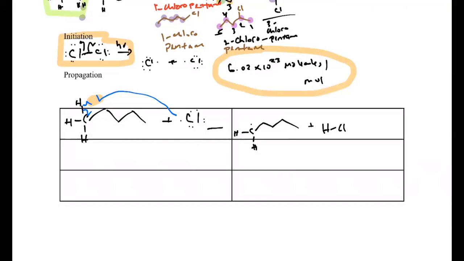All right, and then in the second propagation step, I'm going to show the step where I'm pulling off these hydrogens right here. So it's that plus chlorine. Somebody tell me what's going to happen. Something's going to happen, right?